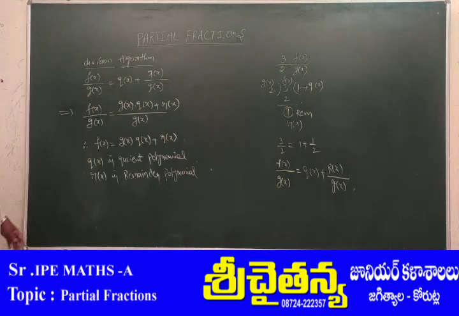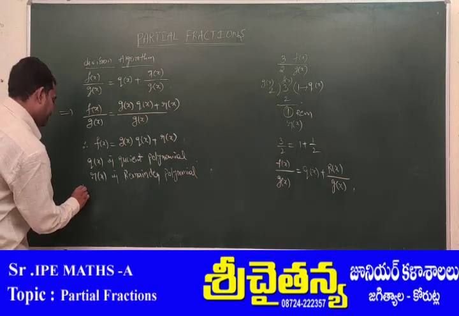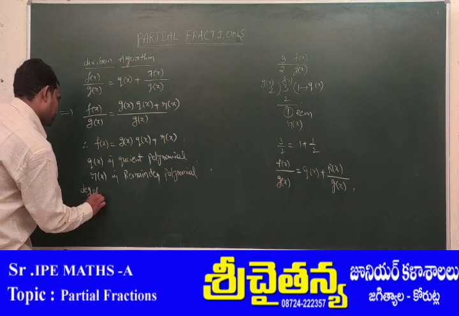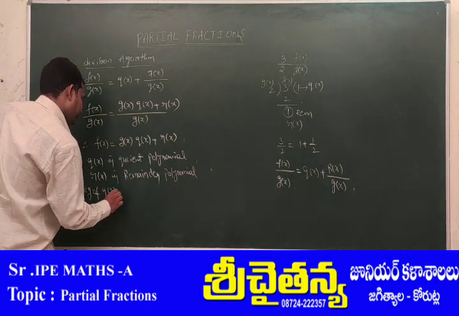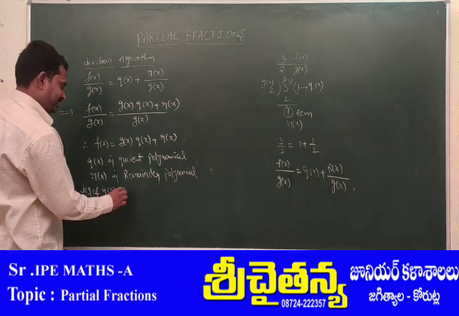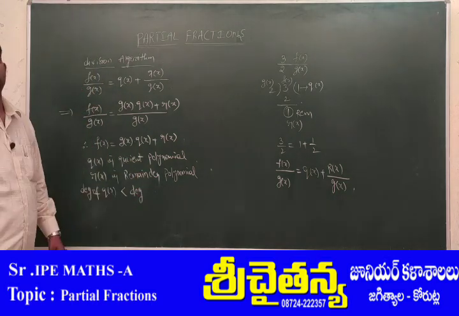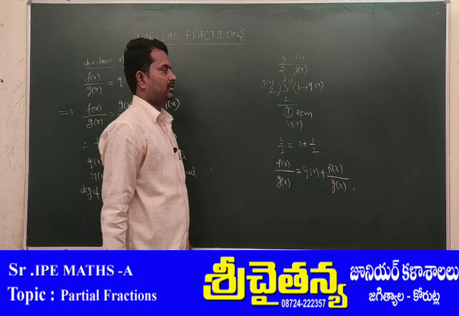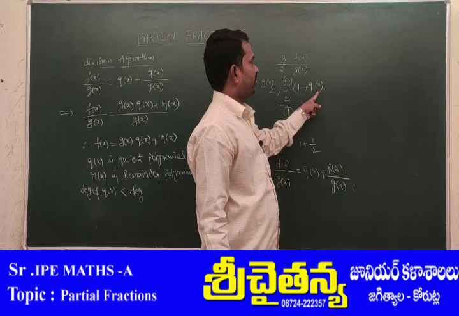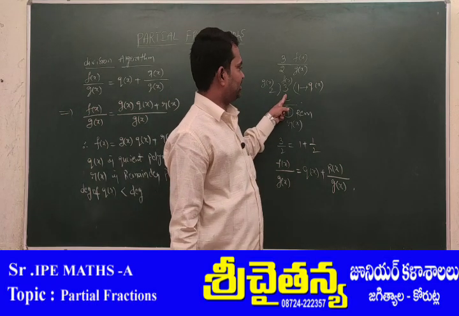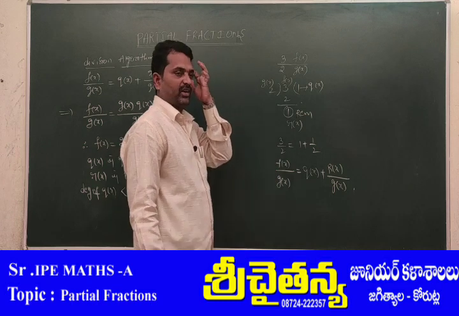So here q of x is the coefficient polynomial and r of x is the remainder polynomial. Now the degree of q of x is always less than the degree of which one? So the degree of q of x is always less than the degree of f of x.